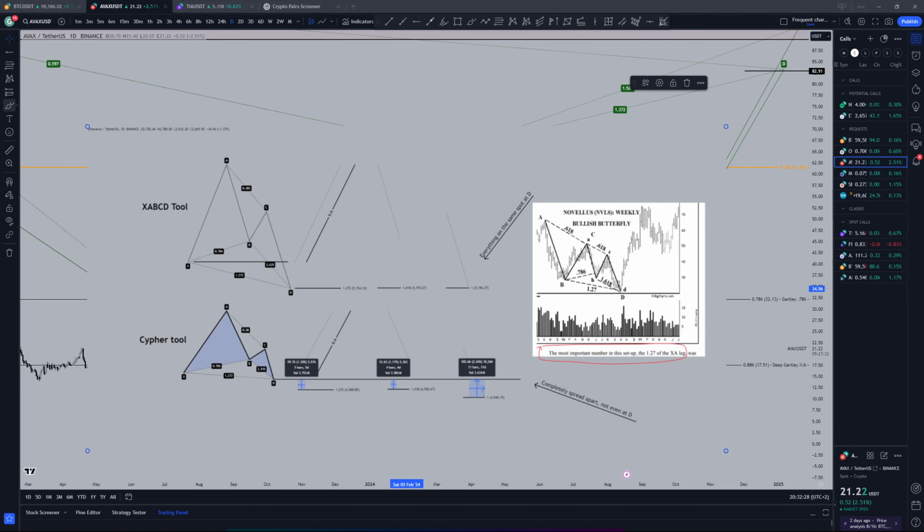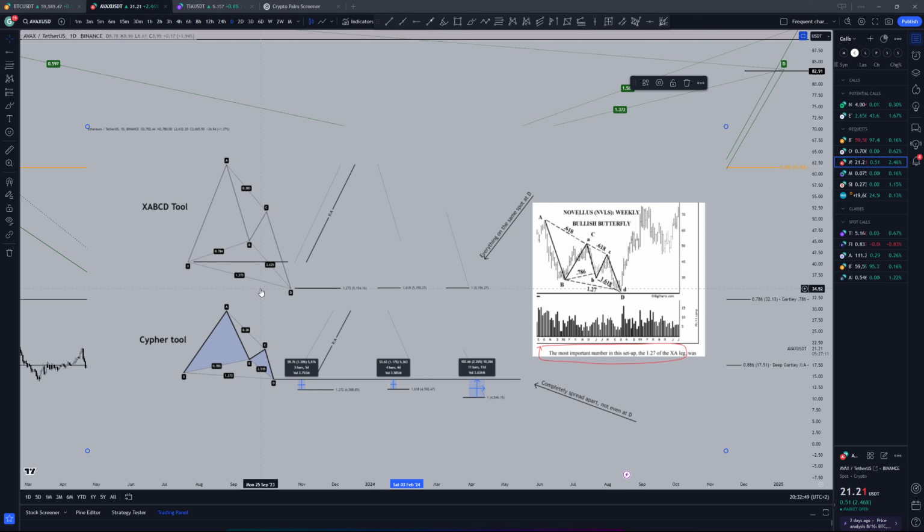But what I tried to highlight here is that if you use the XABCD tool, you can see the manual fibs being on the exact same spot for the butterfly, right? They're exactly at D because I always tailor the measurement to be perfect. It's a perfect 0.786, 0.382, 2.618, 1.272.